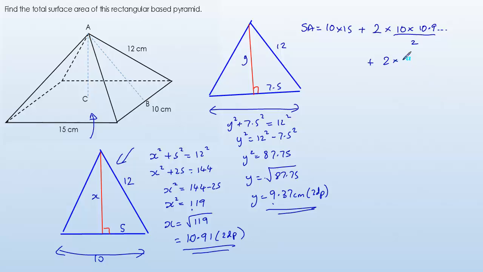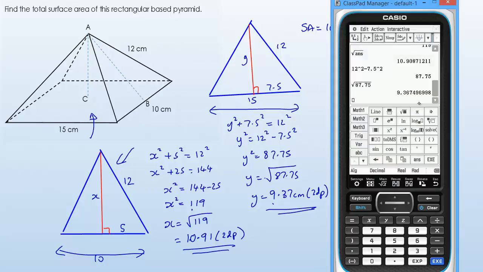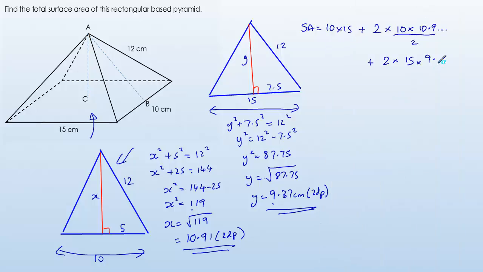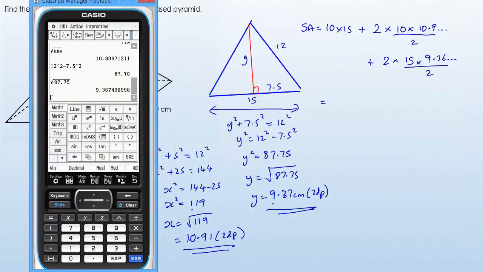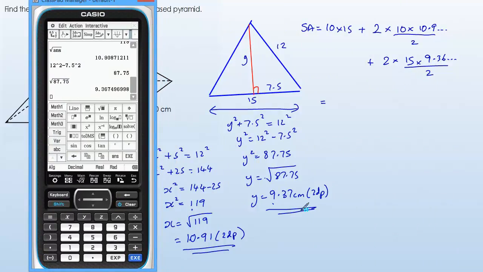So that's 15 is the base of this one, and 9.36 and so on, all over 2. So we need to calculate, and it's a good idea to use everything we have on the calculator display and not a rounded figure like we had here.